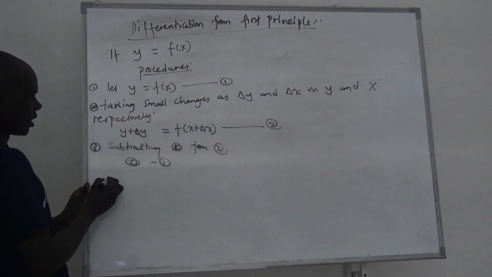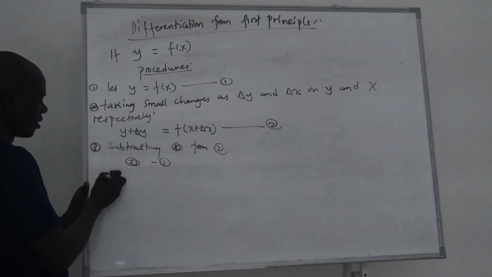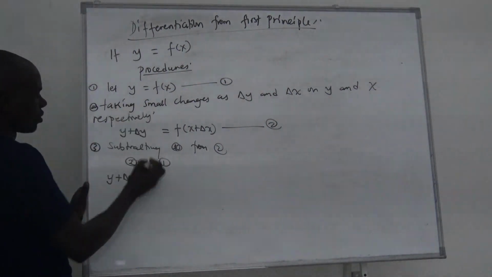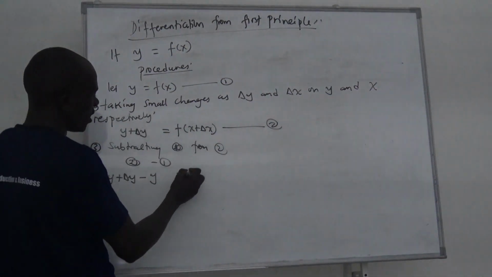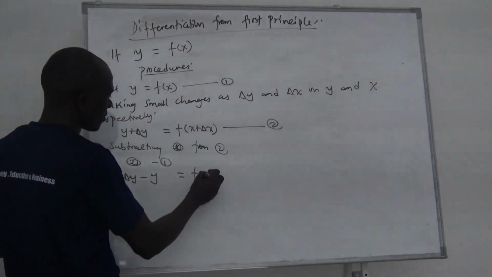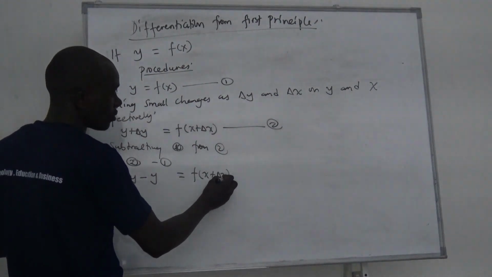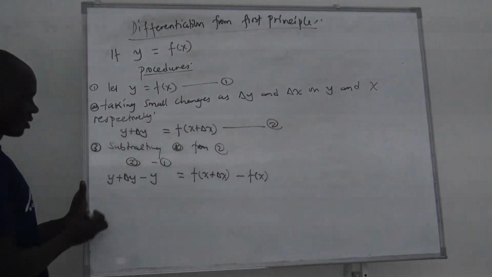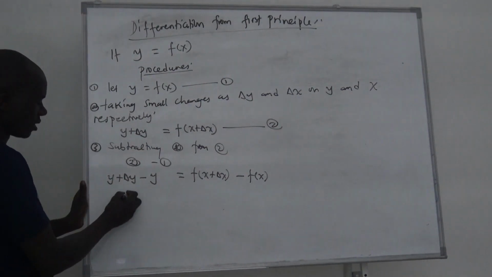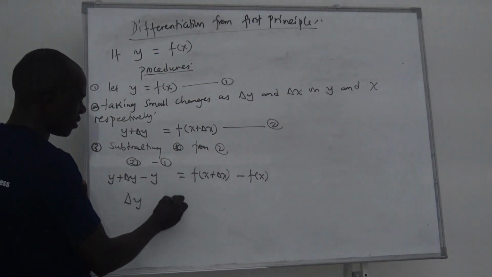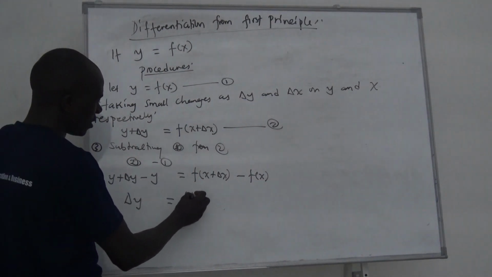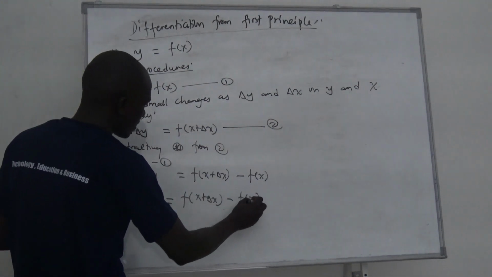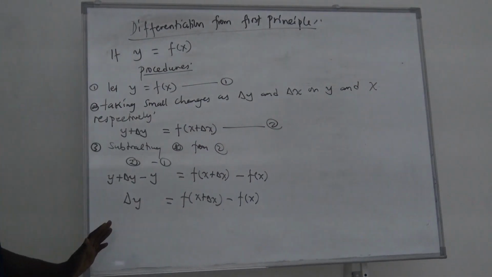So equation 2 has y plus delta y minus equation 1, which is y, equals f of x plus delta x minus f of x. So y and y cancel, and we remain with delta y equals f of x plus delta x minus f of x.